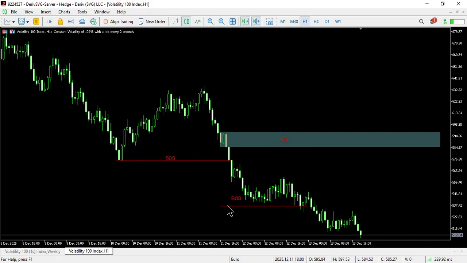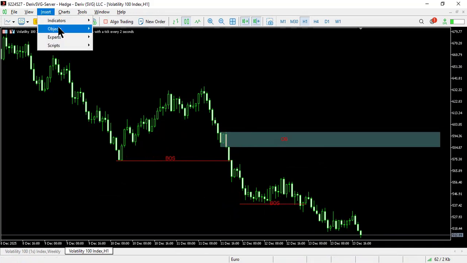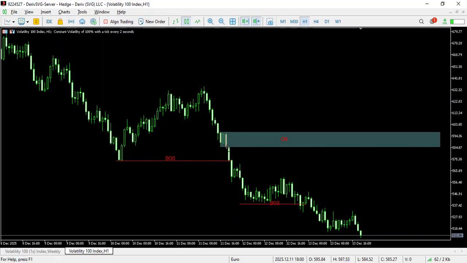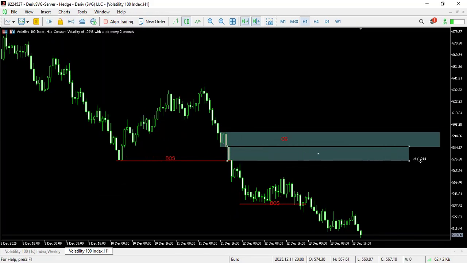So we have a break of structure, and then we have an unmitigated order block. And I'm seeing this break of structure that price is forming here as the liquidity that price will sweep to go and tap into that order block there. And then also let me mark the FVG because price can decide to react from the fair value gap, but most of the time it reacts from the order block.